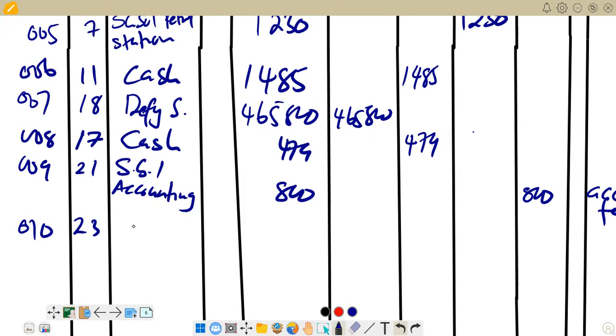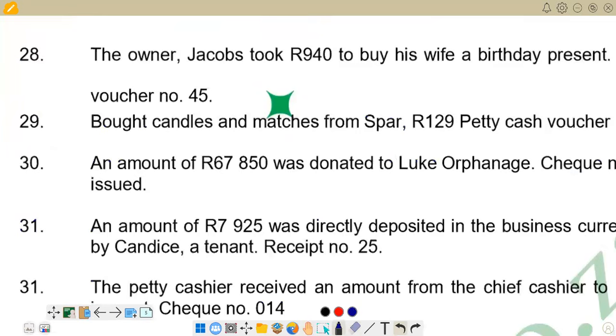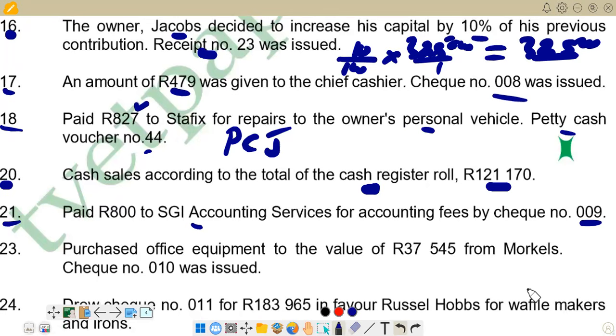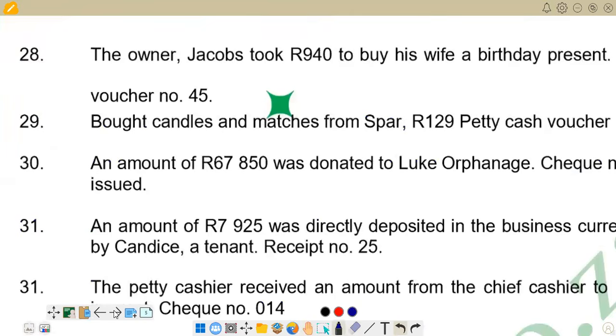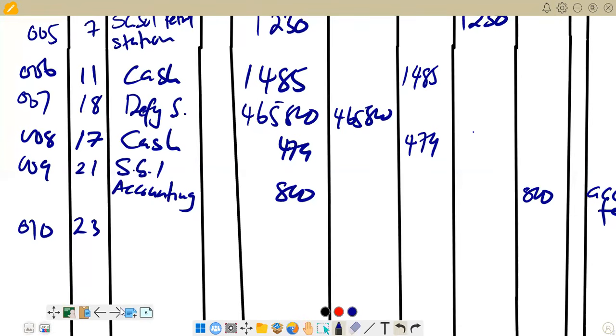And then the description of the payee, let's just confirm there in terms of the actual name. Payee that we are using there is Mokeos. From Mokeos. So we are going to write that one. So here we have Mokeos. And then the amount that we have is 37,545.